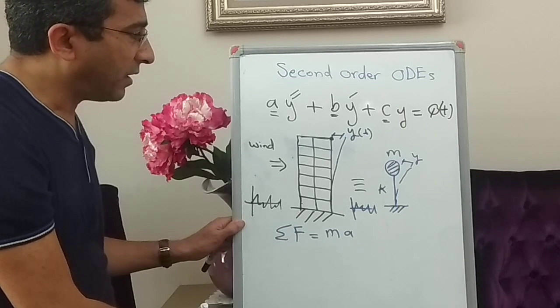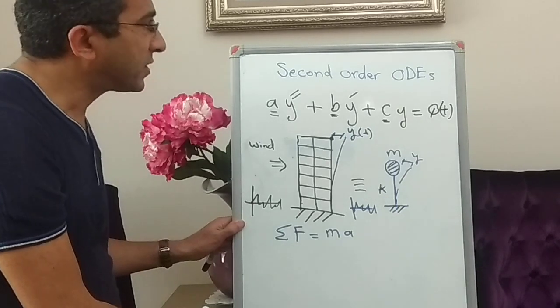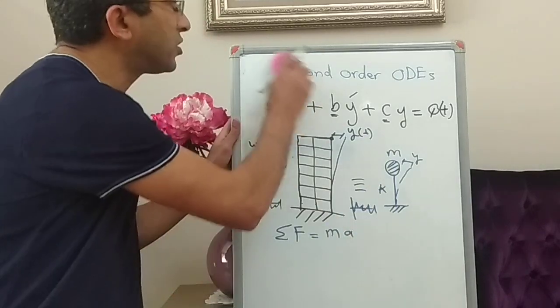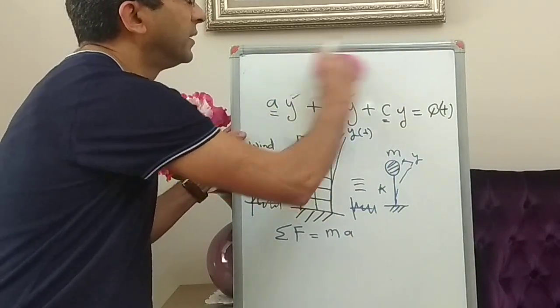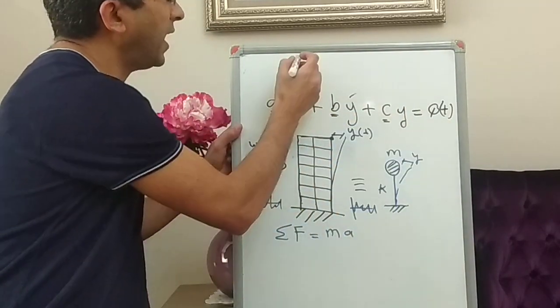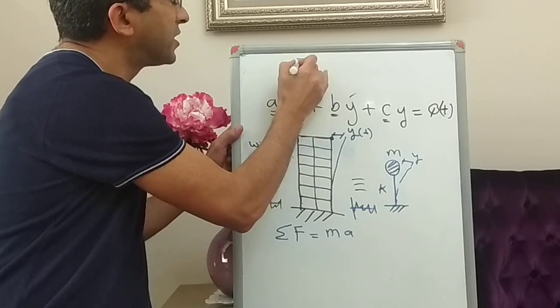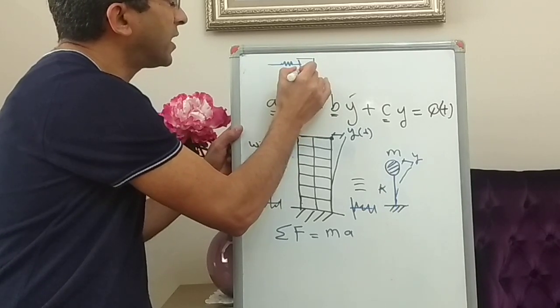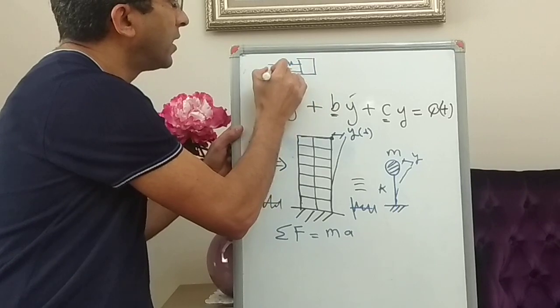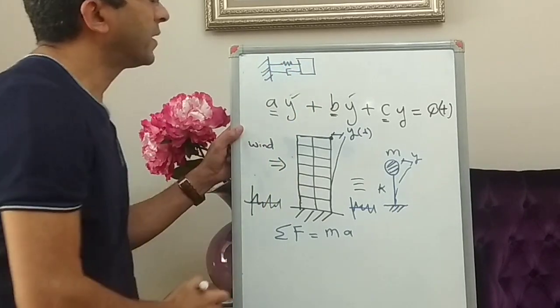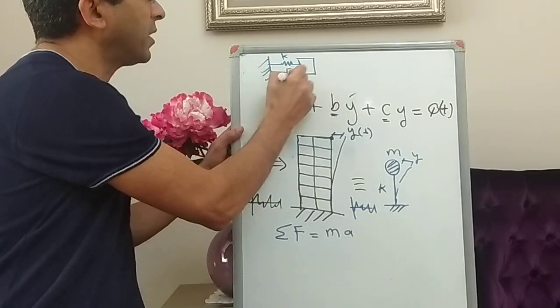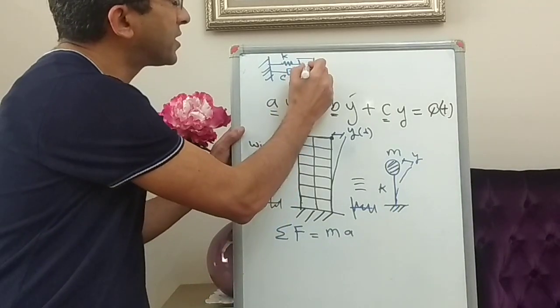You can write this equation as follows. This is nothing but something you can idealize as a mass-spring system, as you study in physics courses. This is the stiffness, this is the damping of the structure, and this is the mass.